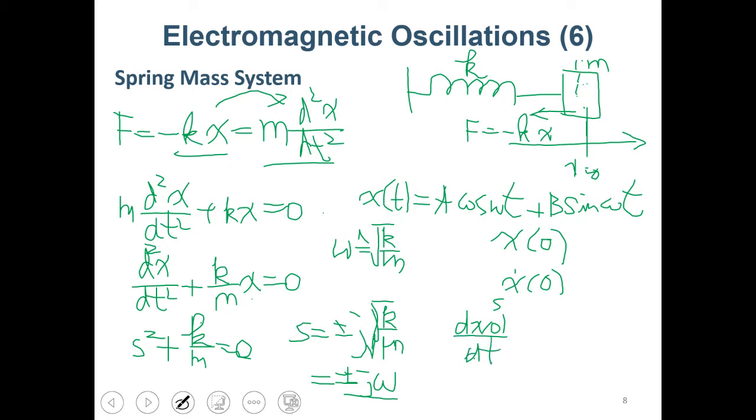Usually we'll use a dot for derivative with respect to time. X prime will be the derivative with respect to space. Maybe for x, y, we will use prime, but for time we'll draw a dot at the top of the variable.